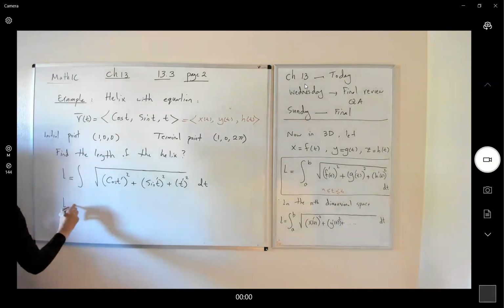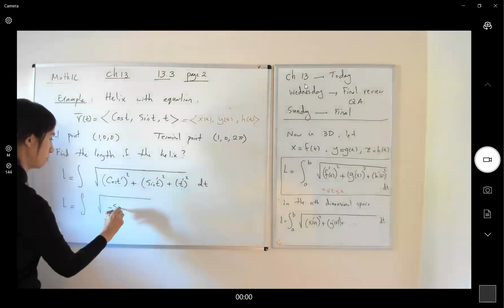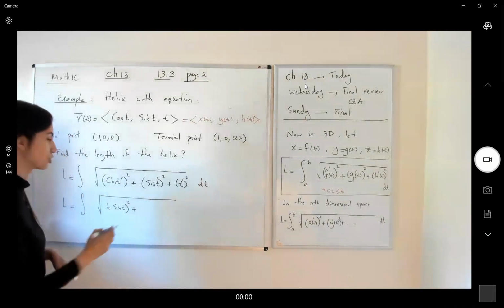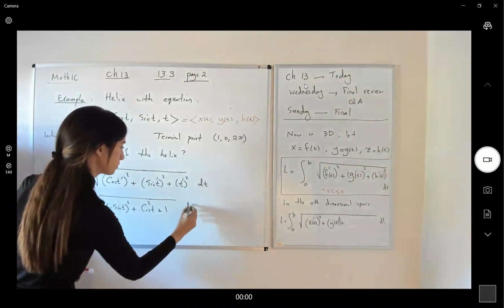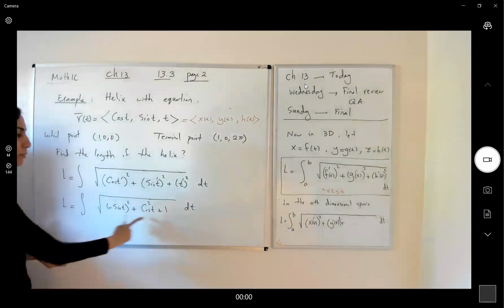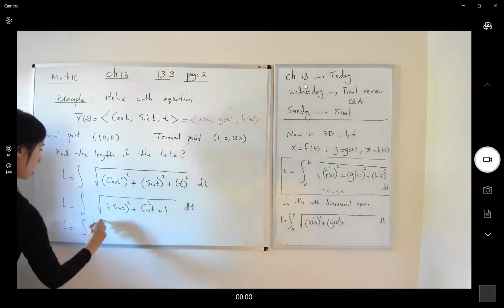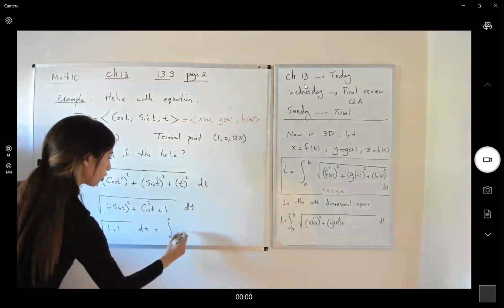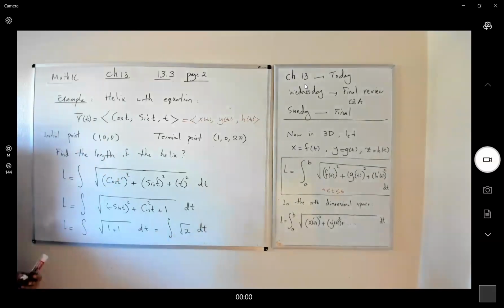So L is equal to the integral of the square root of the derivative of cosine, which is minus sine, squared plus the derivative of sine, which is cosine, squared, plus 1, dt. Now sine squared plus cosine squared is equal to 1. L is the integral of the square root of 1 plus 1 dt, which is the integral of the square root of 2 dt.